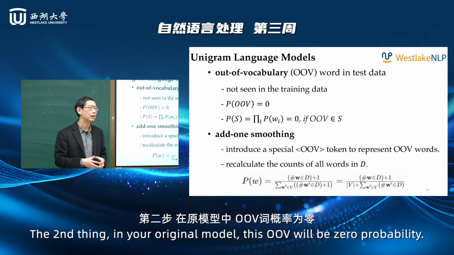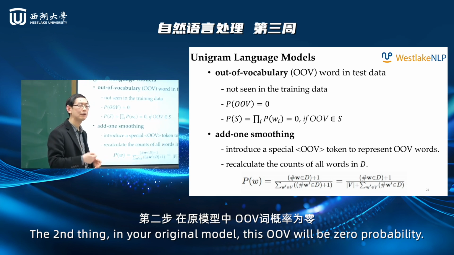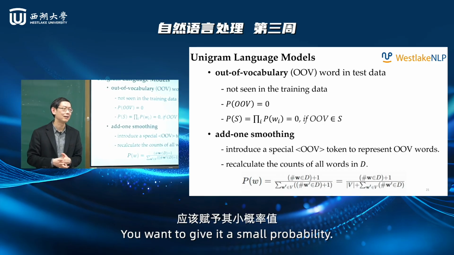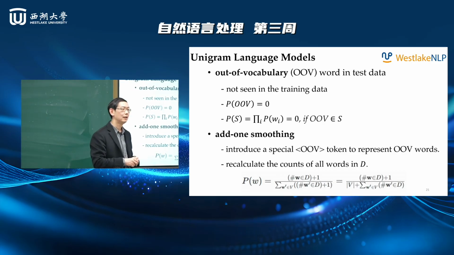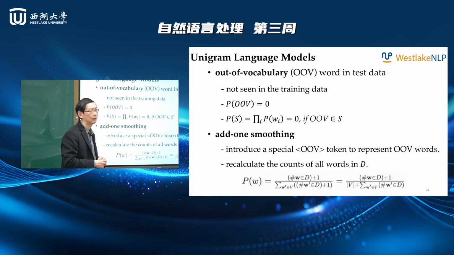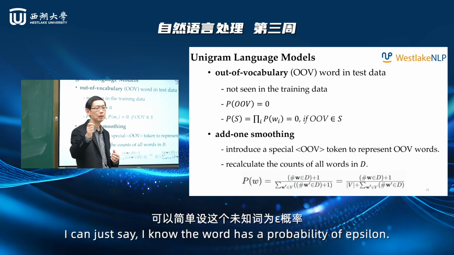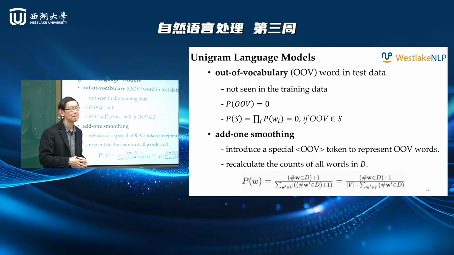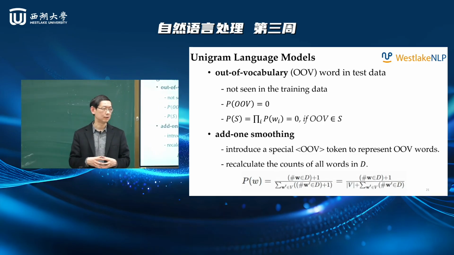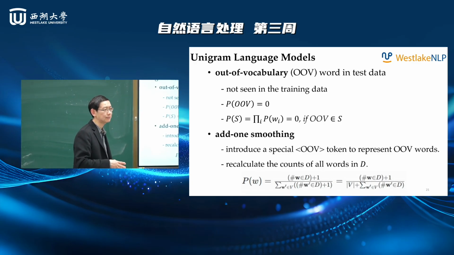Now the second thing, okay, in your original model, this OOV will be zero probability, right? You don't want to do that, right? You want to give it a small probability. Then, how do I do it? Okay, I can just say the unknown word has a probability of epsilon. Okay, but that's too ad hoc. Is there a more principled way of doing it?